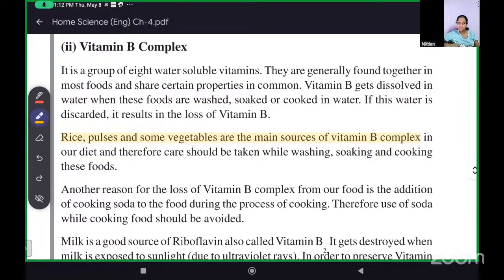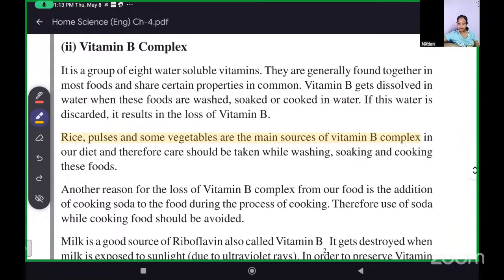Yes, so that results in loss of vitamin B. Pulses are soaked for 1 hour, 2 hours before we prepare them, right? Then we drain out that soaked water and cook the pulse. That also results in loss of vitamin B complex. Now, in our diet, therefore, care should be taken while washing, soaking, and cooking these foods.